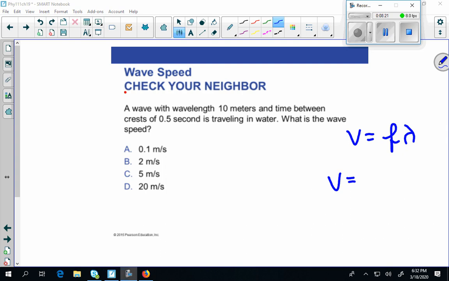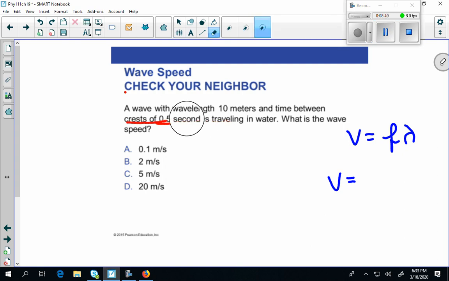So you might be tempted to put in 0.5 seconds for the frequency, but remember that frequency is cycles per second. Crest to crest is 0.5 seconds. That's telling you the period of this wave, okay?